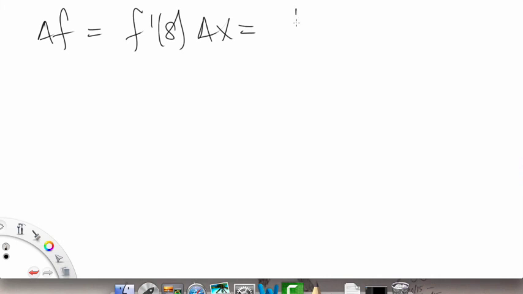So to get that, we're going to plug that in. We have delta f is equal to 1/12, plugged in for f prime at 8, which is our a, and then our delta x. So this is going to be 1/12 times 0.1, and this turns out to be something like 0.0083.